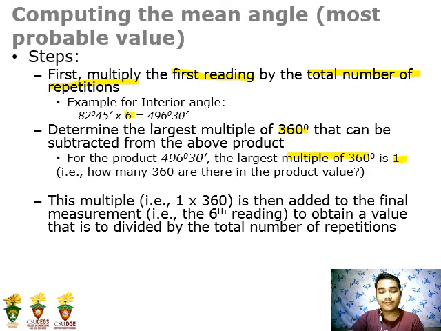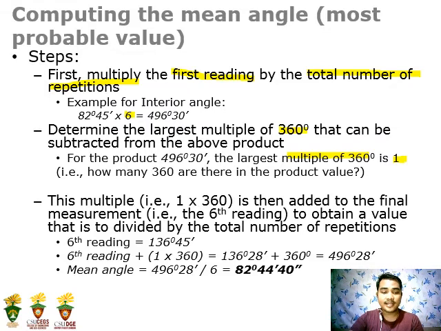To obtain the value, divide then by the total number of repetitions. So our 6th reading is 136.45. To get the mean angle, first we add the 6th reading to the one multiple of 360.